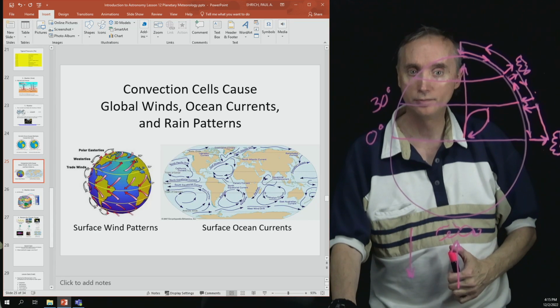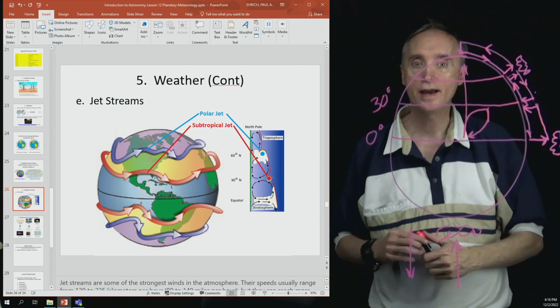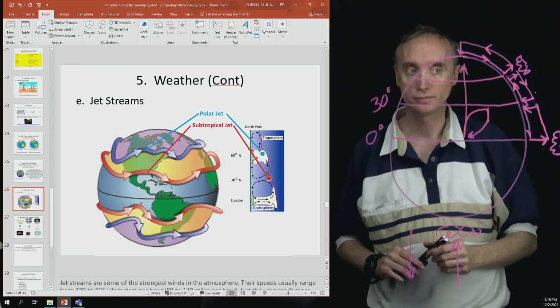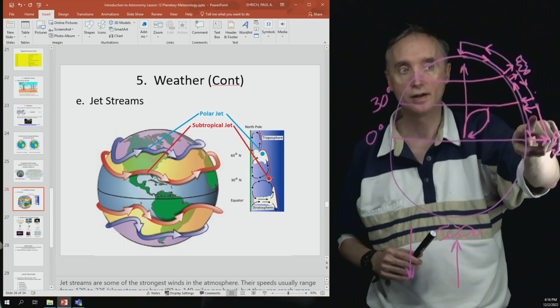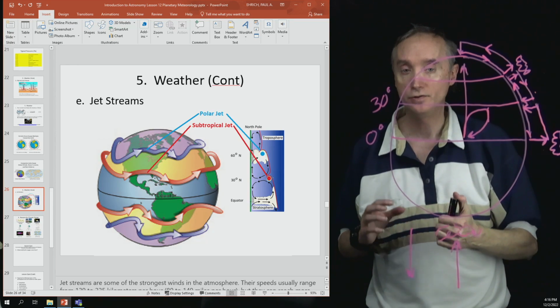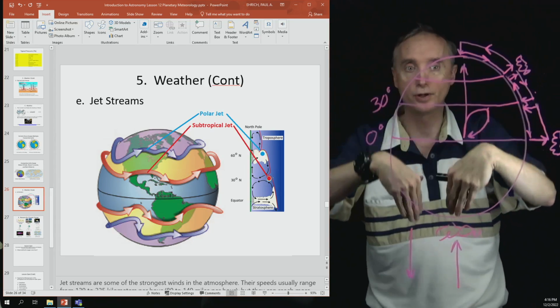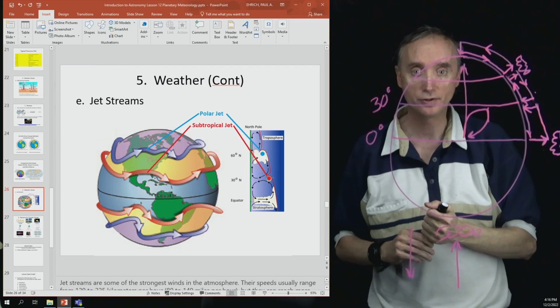Okay, let's look at one more thing before we take another break, and that is what happens in between the convection cells. So here, in between this convection cell and this convection cell, the winds are very turbulent because you either have stuff going up or stuff going down, and it gets very mixed up in that region.